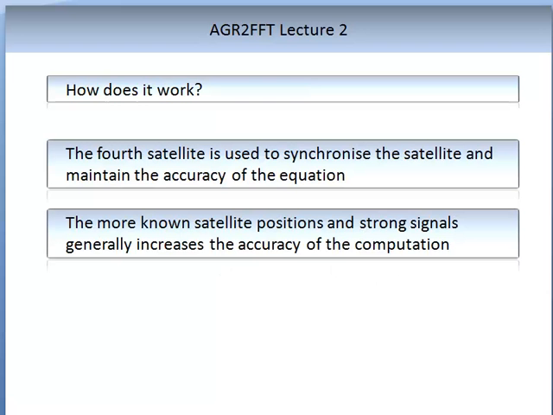Upon receiving data from the 4th satellite, this is used to synchronize the satellite and maintain the accuracy of the equation. The more known satellite positions and the stronger signals generally increase the accuracy of the computation. Therefore, the more satellites, the more accurate the output is.